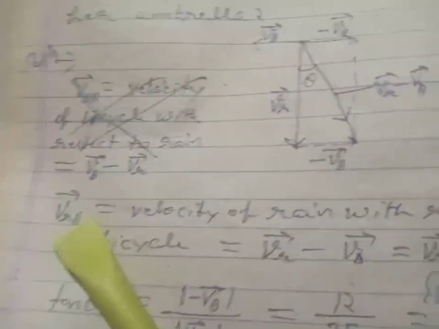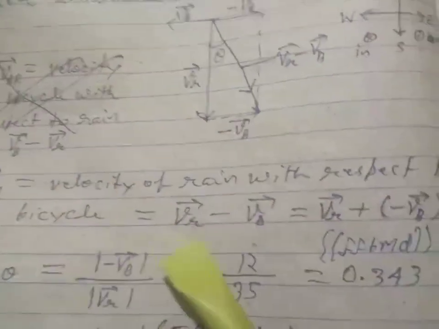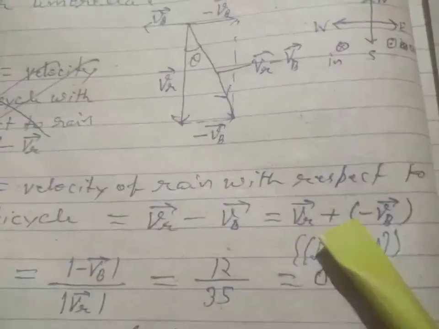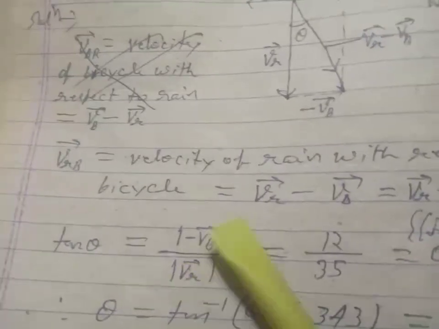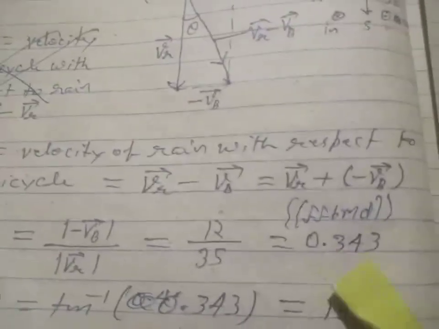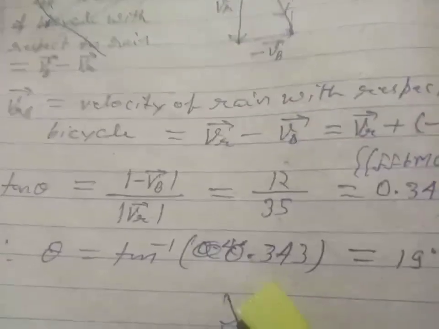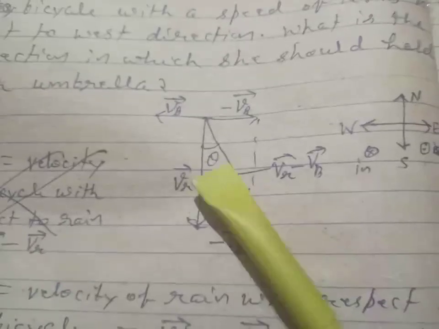So Vrb, the velocity of rain with respect to the bicycle, equals Vr minus Vb, equals Vr plus (minus Vb vector). Now tan theta equals mod of minus Vb by mod of Vr equals 12 by 35, equals 0.343. Hence theta equals tan inverse 0.343, which is about 19 degrees with the vertical.